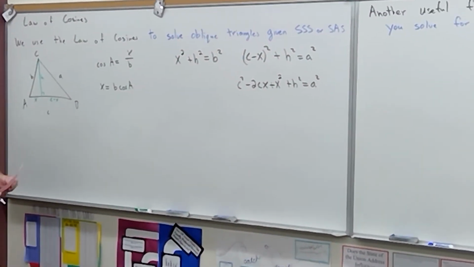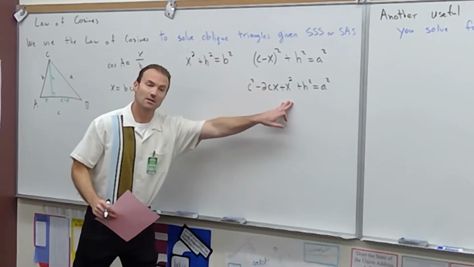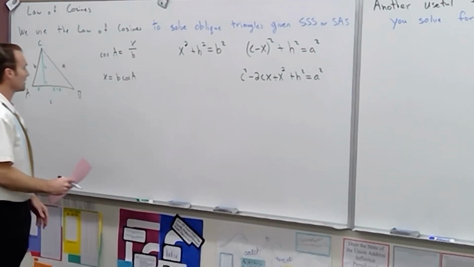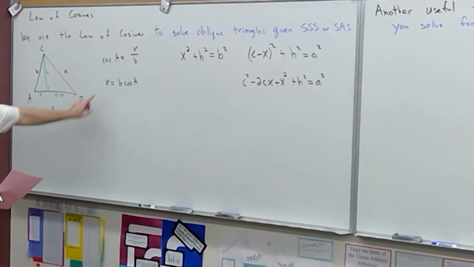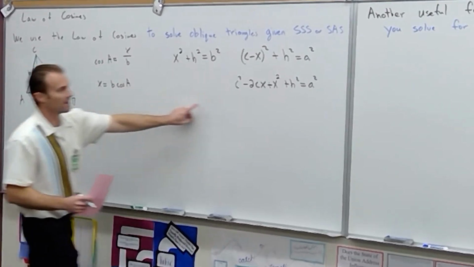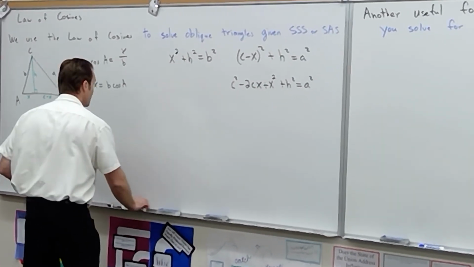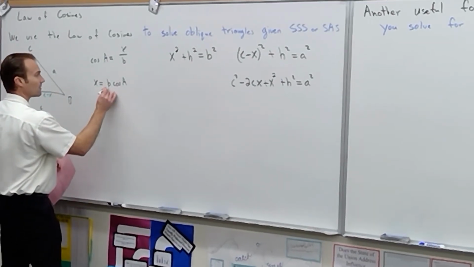Now it's time to start taking this information over here and substituting it into this equation. I can replace x with the statement b cosine A. So this x right here, I'm going to replace with this statement right here.